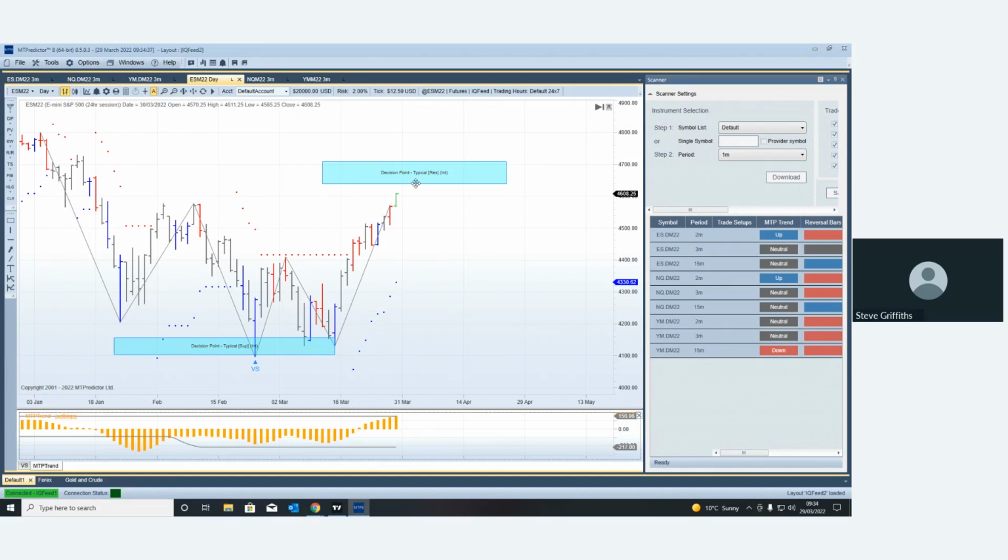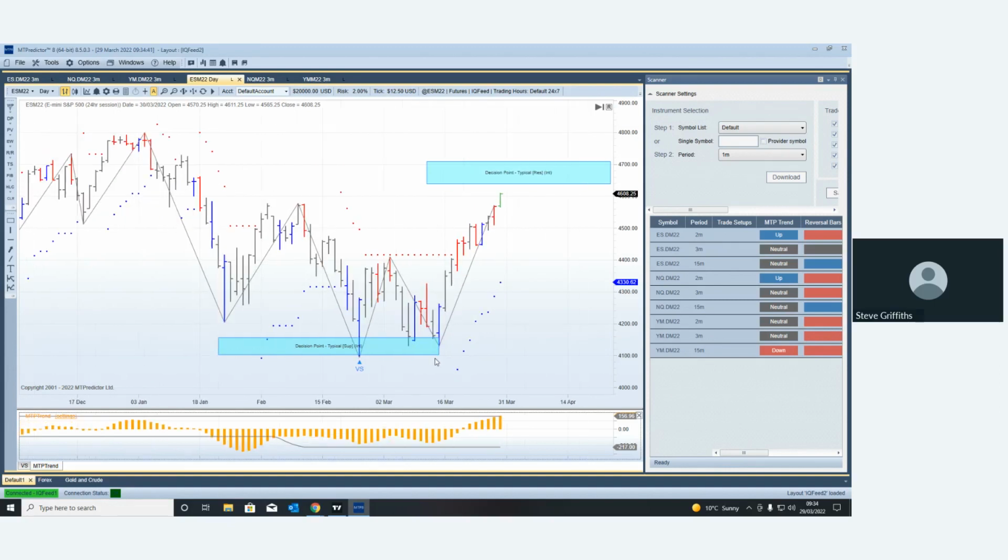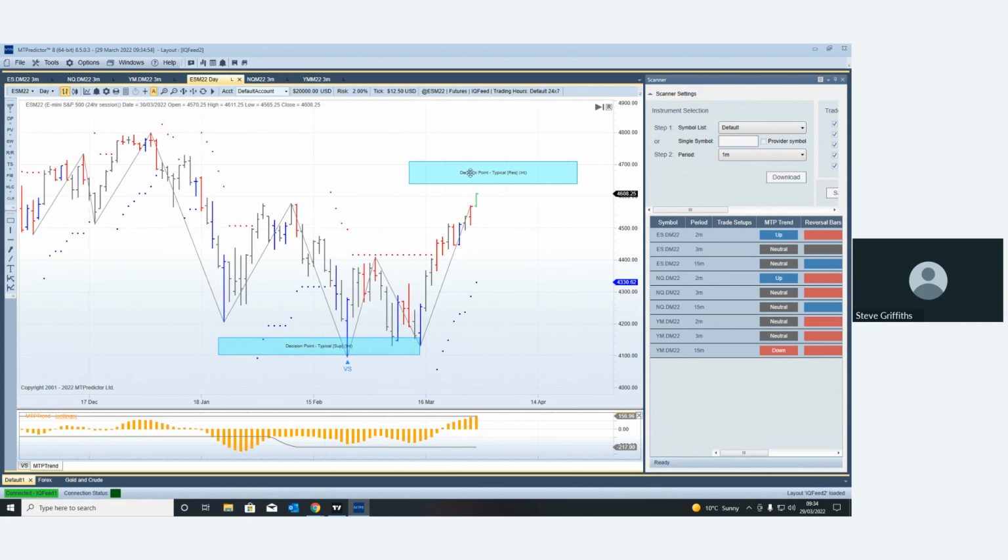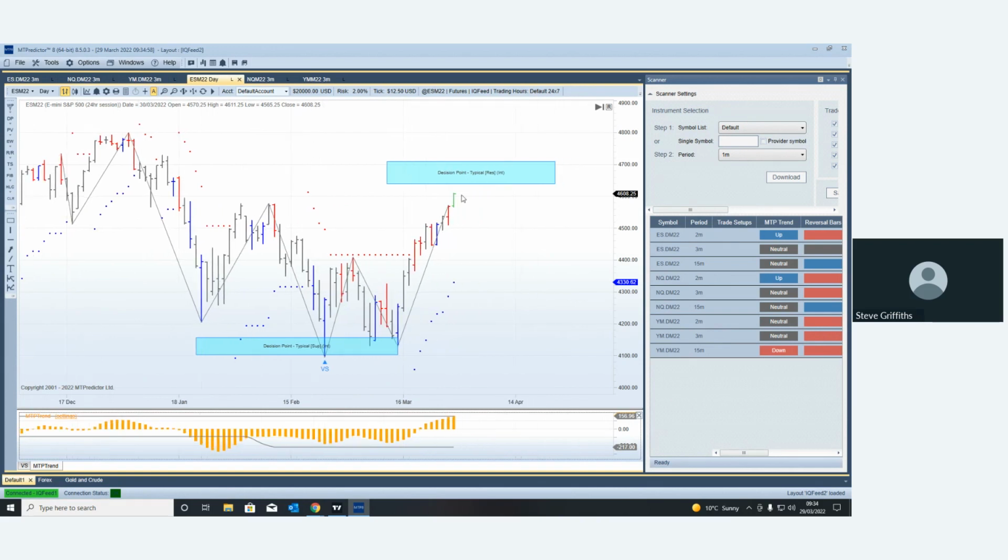Well, it's rallying up to the DP off the last swing into the low. If you guys have been with me for a while, this is the same thing I talk about week in, week out, month in, month out, year in, year out, decade in, decade out, about the swings we have on the charts and the pivots we work off them. So it's quite interesting to see this unfolding with the backdrop of war going on.